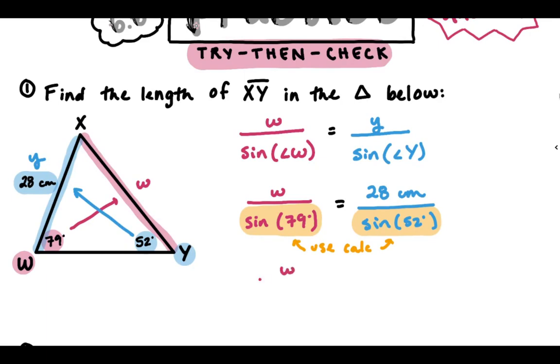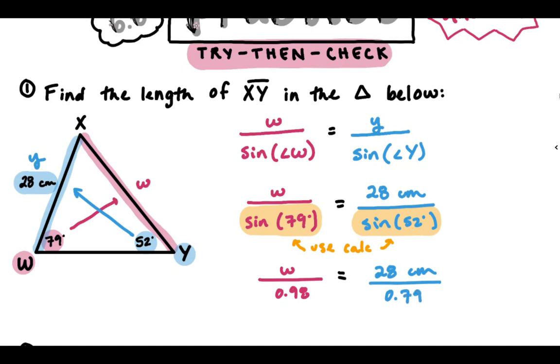So now I've got little w divided by, for sine 79, I punch in 79, hit the sine button, and round. If I round, I get 0.98, equals 28 centimeters divided by, punch in 52, hit the sine button, and round, we get 0.79.